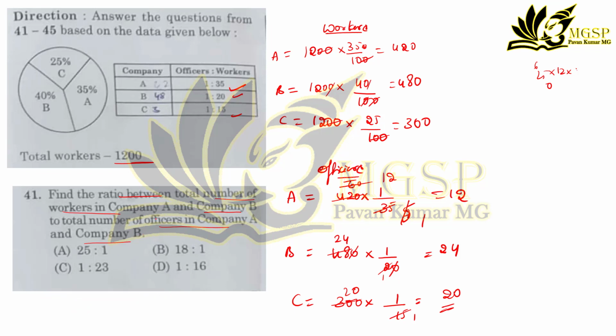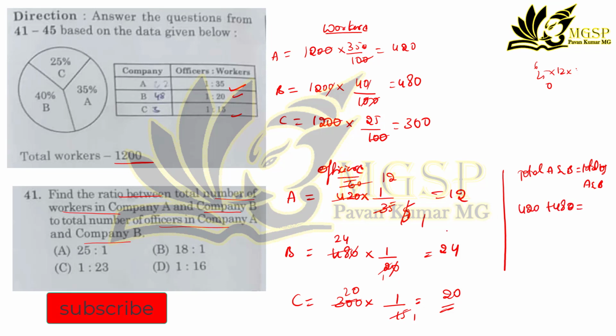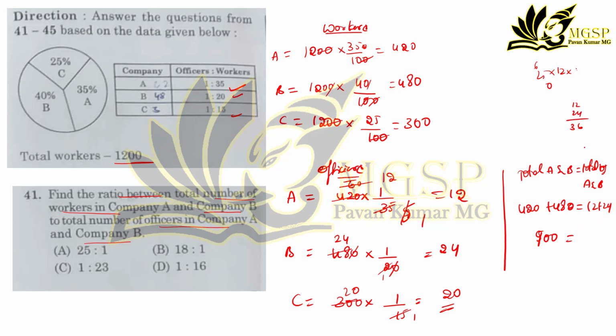Now they're asking you to find the ratio of the workers in companies A and B to the total number of officers of A and B. The total number of workers is 420 plus 480, which gives 900. The officers are 12 plus 24, which is 36.